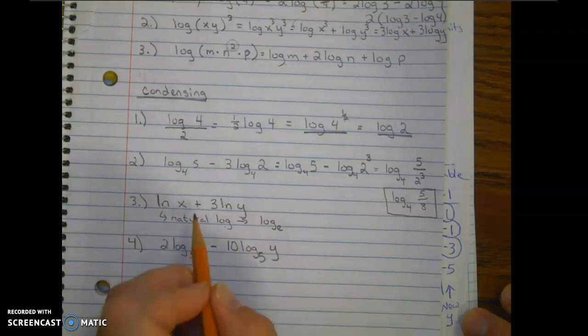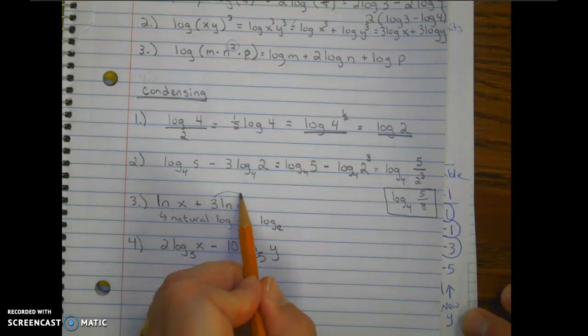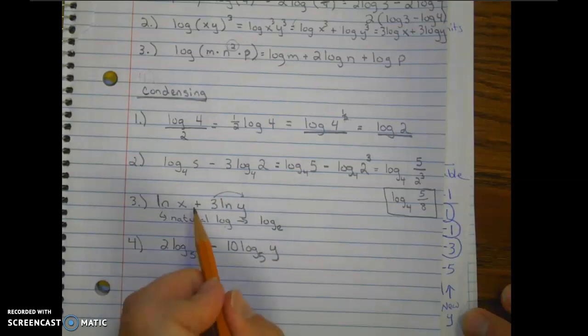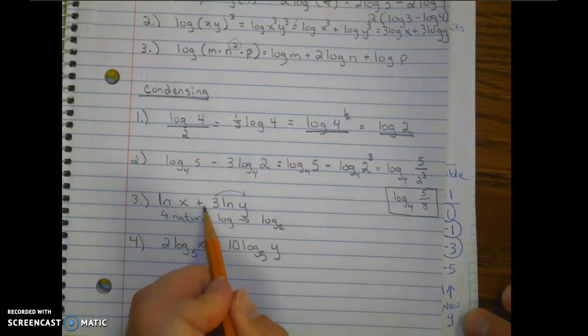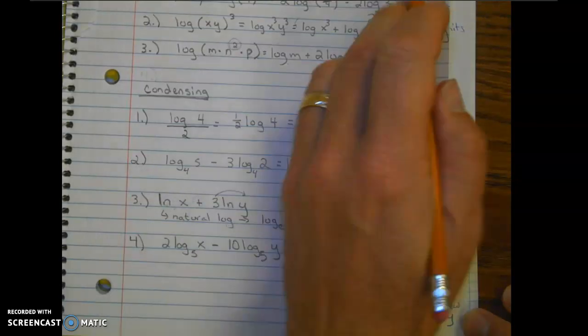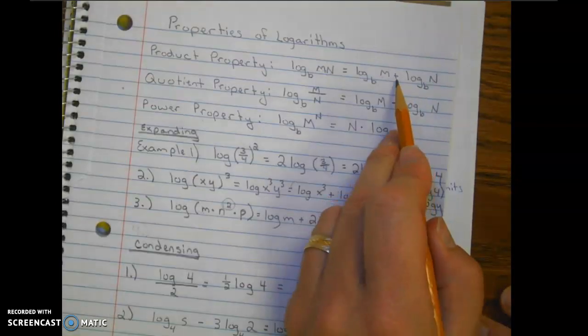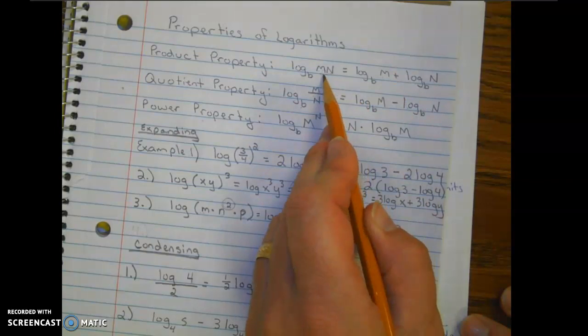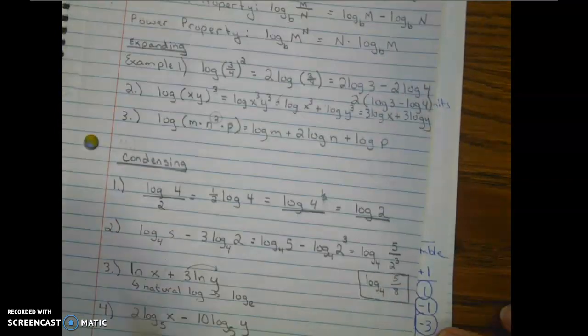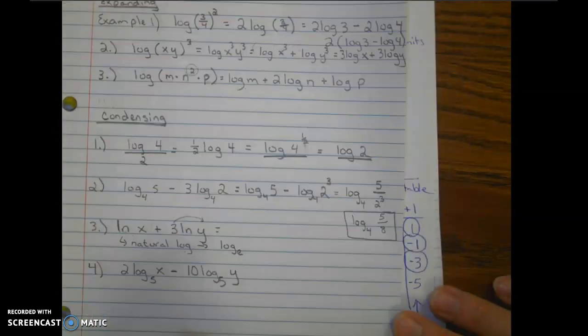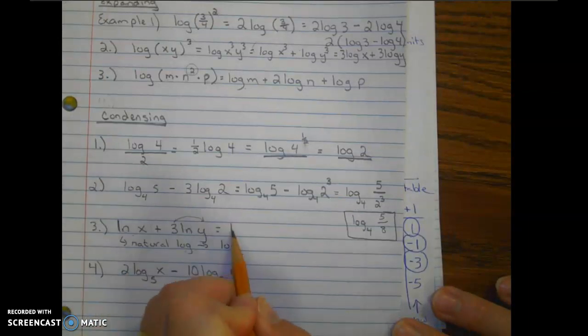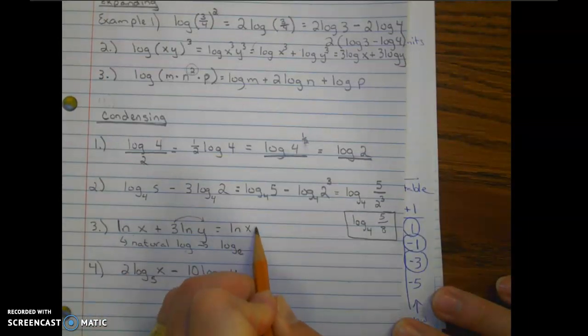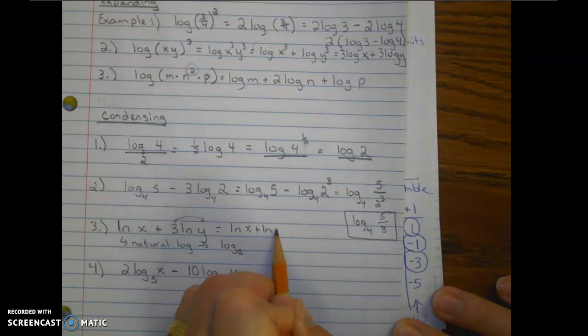So we're just going to apply this property. We're going to bring that 3 up, and then we're going to use the product property since it's addition. Bringing the 3 up, we're going to have the natural log of x plus the natural log of y cubed.